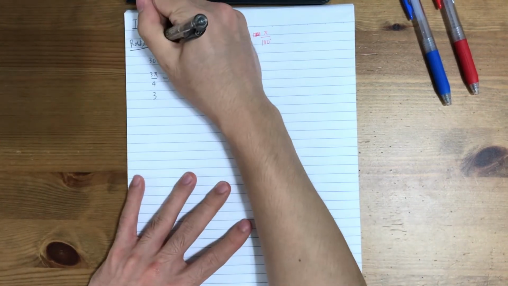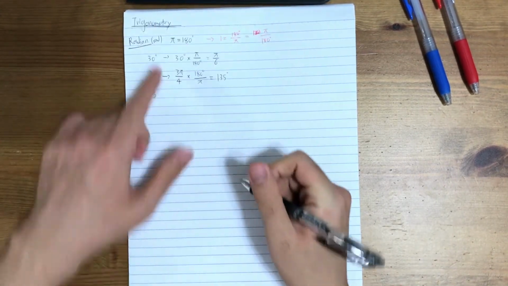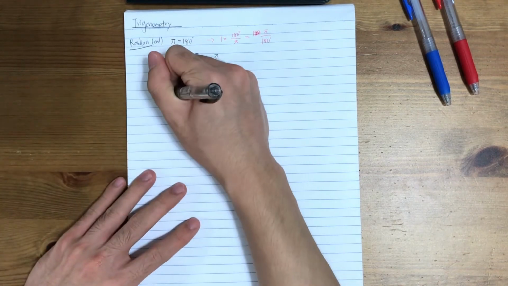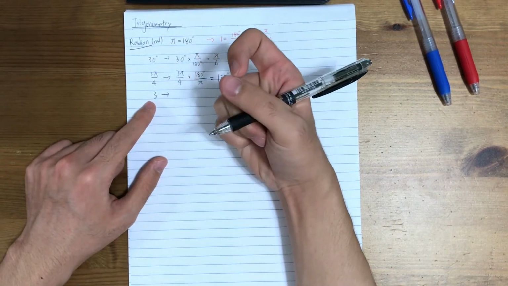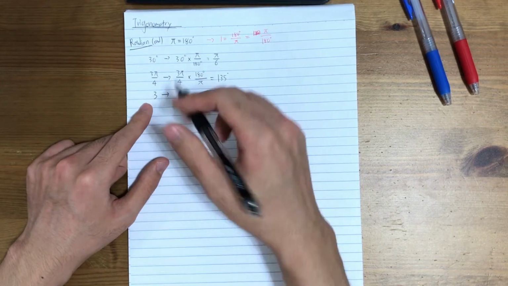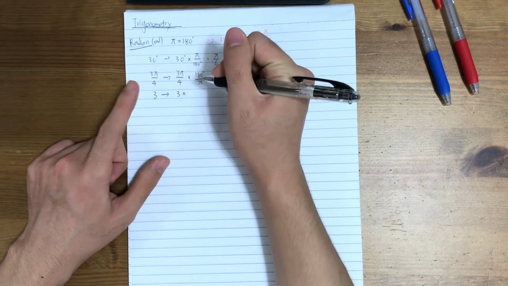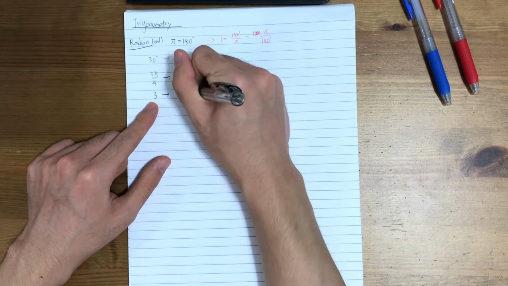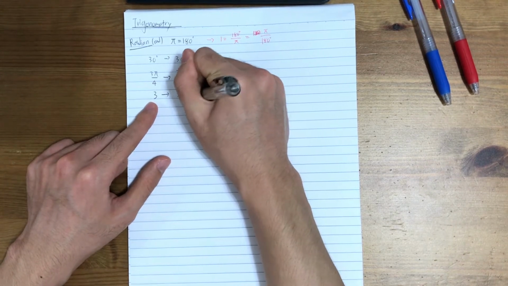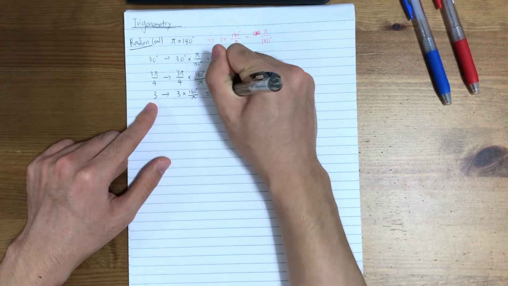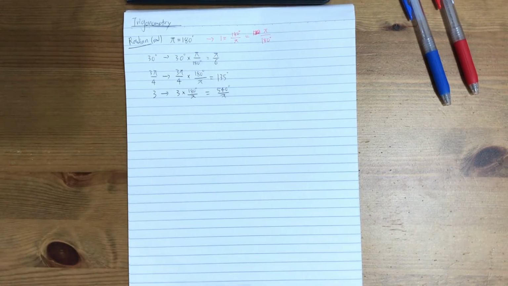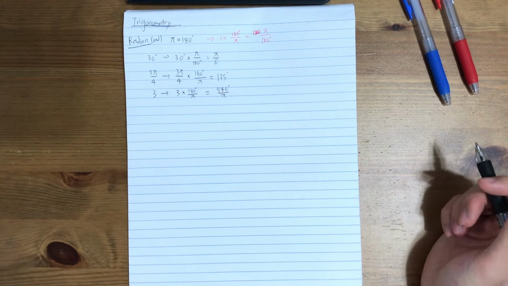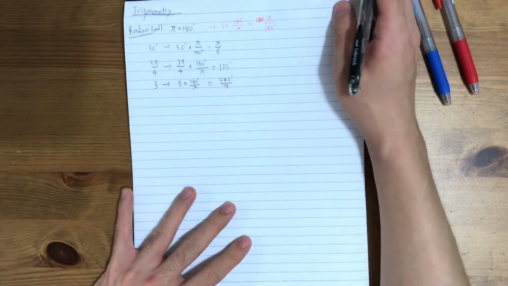Sometimes we can put a unit called rad, but normally we don't put any unit for radian because radian is a ratio. So for 3 here, if we want to convert this to degrees, we multiply by this, and we will have 540 degrees over pi. Okay, so that's the simple unit conversion.